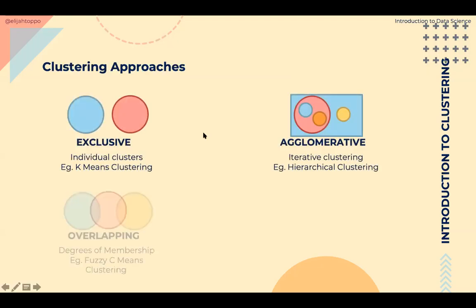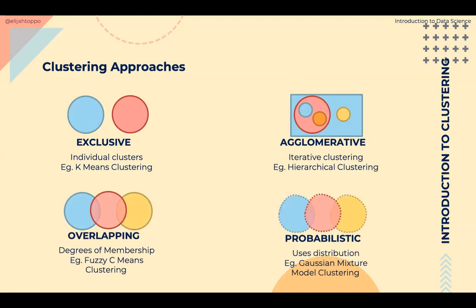Okay. So going ahead, once we understand the needs of clustering, there are 4 kinds of approaches for clustering. One is called exclusive, and then agglomerative, overlapping, and probabilistic. And looking at the diagram, we can get some kind of idea of what these types of clustering are. So if you look at the first one, which is exclusive clustering, you can see that we have individual clusters. So finally, after the grouping is done, we can see that the clusters do not overlap in any way.